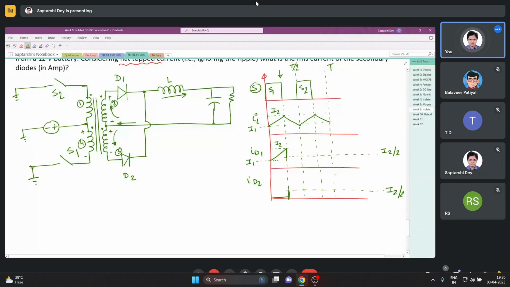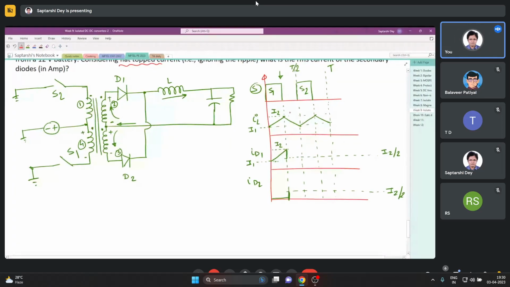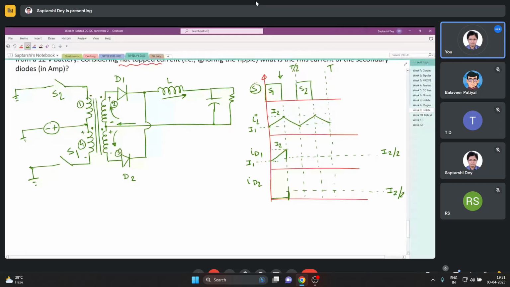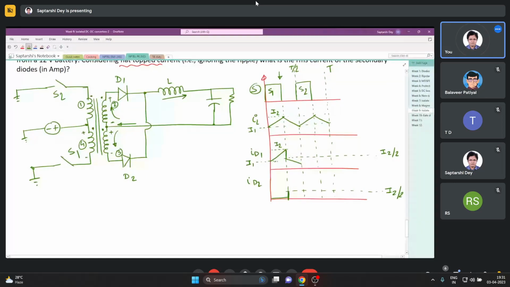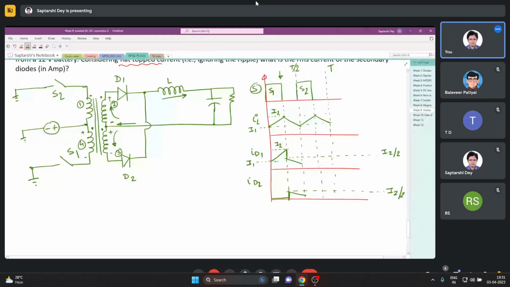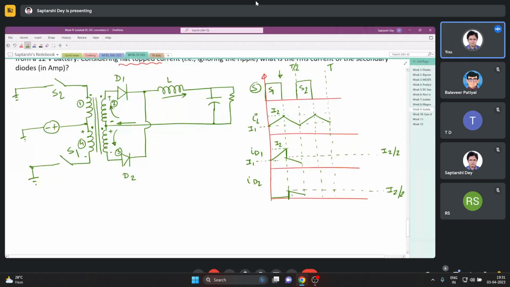And so basically this current, I will mark it once then erase. This falling current is divided into half between diodes D1 and D2. So like this and like this. So what is this amount? They become somehow different in these two.